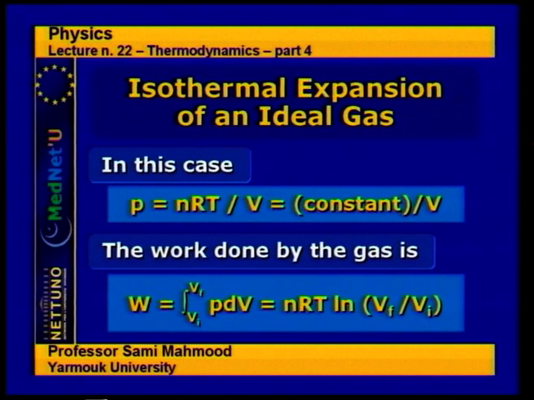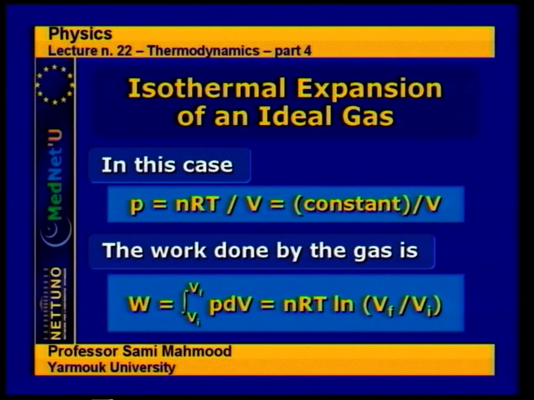And now we substitute for P, nRT over V, and nRT can be taken outside the integral, and that leaves us with the integral of dV over V. And the integral of dV over V is simply the natural logarithm ln V from V initial to V final. And this will give us the result.